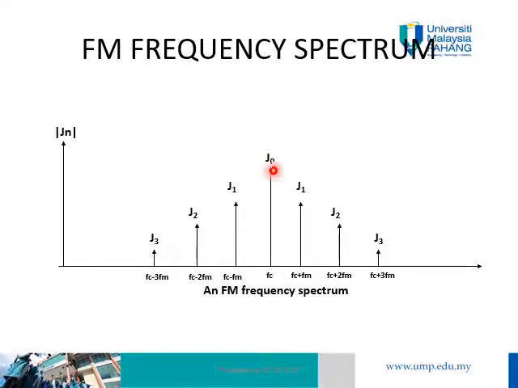So we have here J0 at Fc, which is the amplitude of the carrier at the carrier frequency. J1 is the first sideband, with the amplitude of J1 at the left and right side, below and above the carrier frequency.